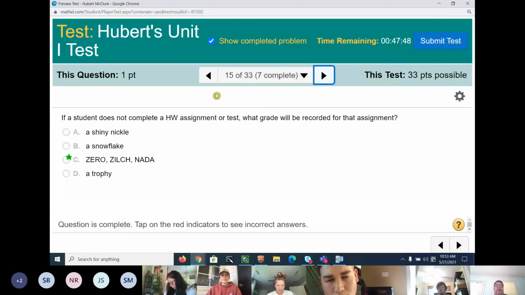If a student does not complete a homework assignment, just like some of y'all haven't completed your homework assignments, after tonight, they're going to turn into zeros. Because I think the date is due tonight, right? At midnight? They will turn to zeros. Sucks for them.